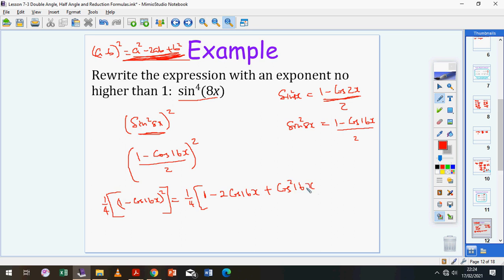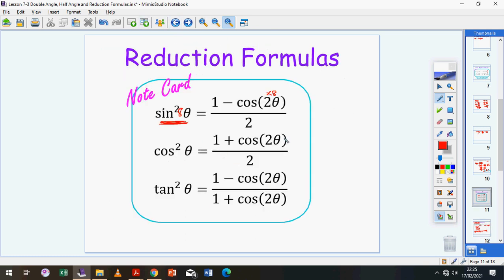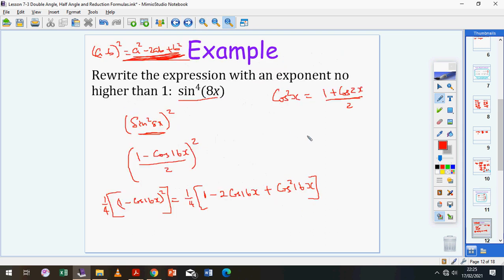Now going back to the reduction formula for cosine, it says that cosine squared x is equal to 1 plus cosine 2x divided by 2. That's what I'm using. Now, since I have a 16 here, I'm going to multiply this angle by 16. So multiplying the angle alone by 16, I have 1 plus cosine 2 times 16, which is 32x, divided by 2.